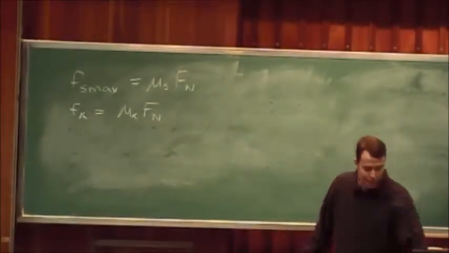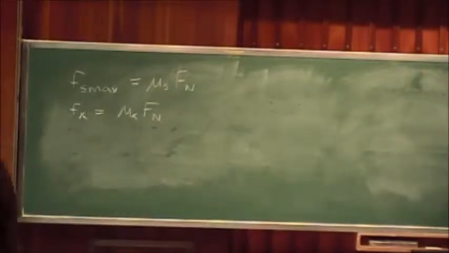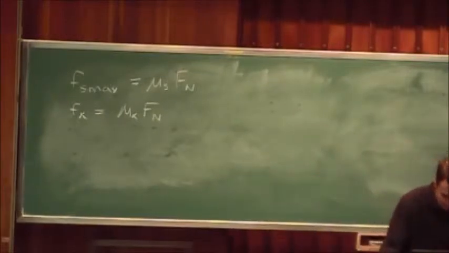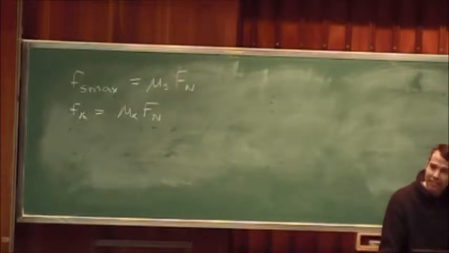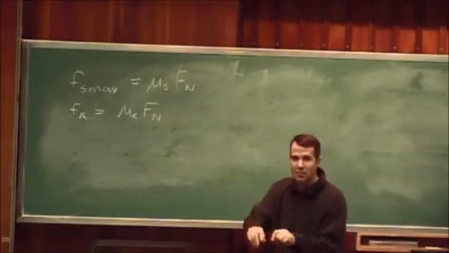So let's do a couple of examples. For example, an egg on Teflon. Any ideas of what the coefficient of friction would be on that? You all have Teflon pans, right? You put an egg on it, boil it.